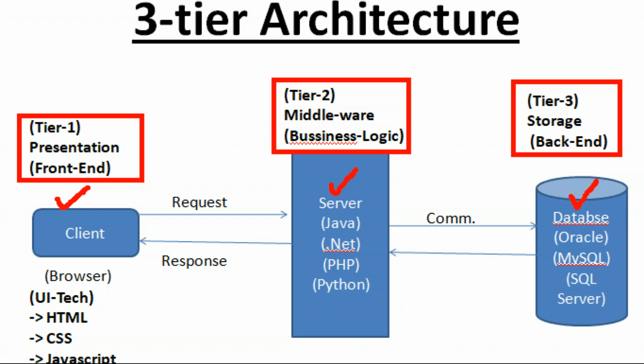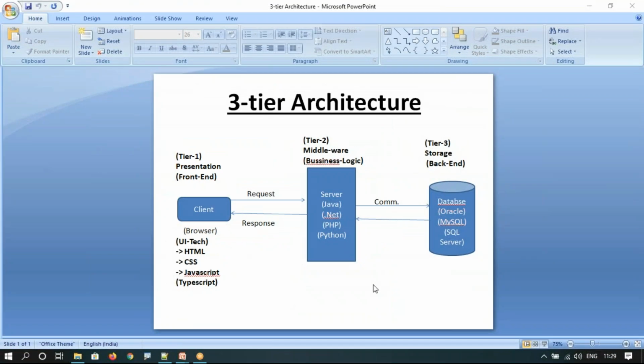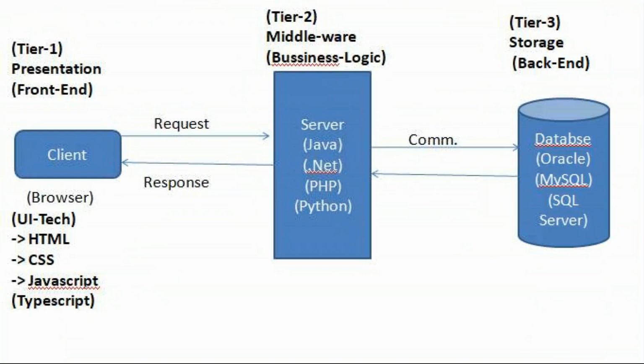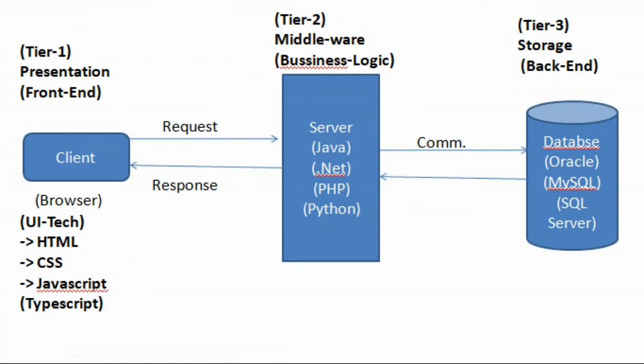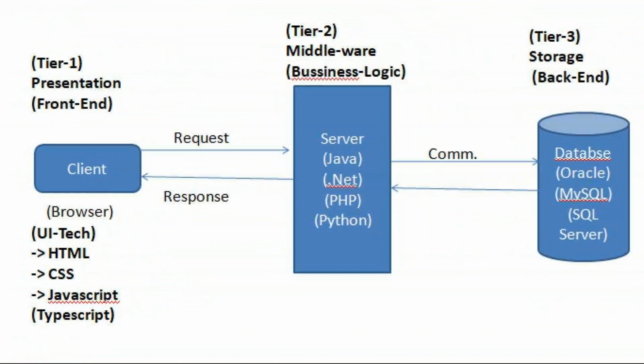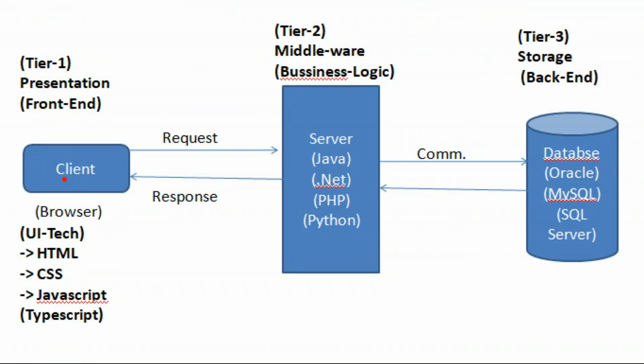So this is tier 1, tier 2, tier 3. What happens in these tiers? Let's try to understand all three one by one. Tier 1 is nothing but a client. So who is this client? Client is nothing but our browser software.